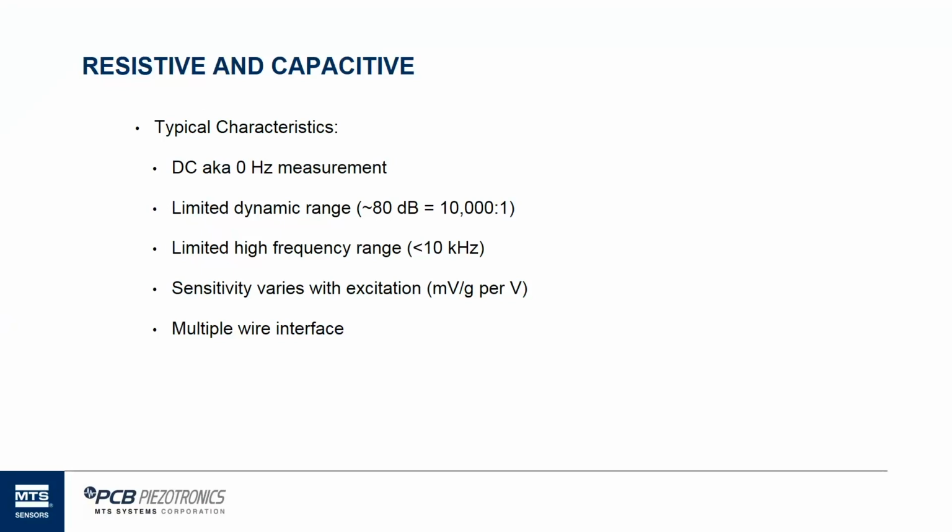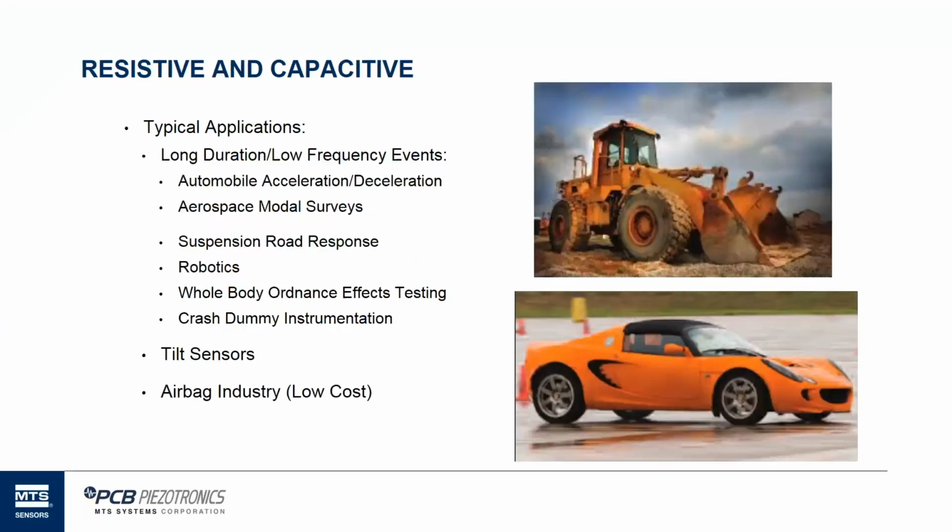All right. So what they're used on, these are typically used, we like automotive applications. More abstractly, we'll talk about long duration, low frequency events. More concretely, we talk about automobile acceleration, deceleration, like road testing, real vehicle testing. Sometimes in aerospace, they'll be used on modal tests where they need low frequency response.